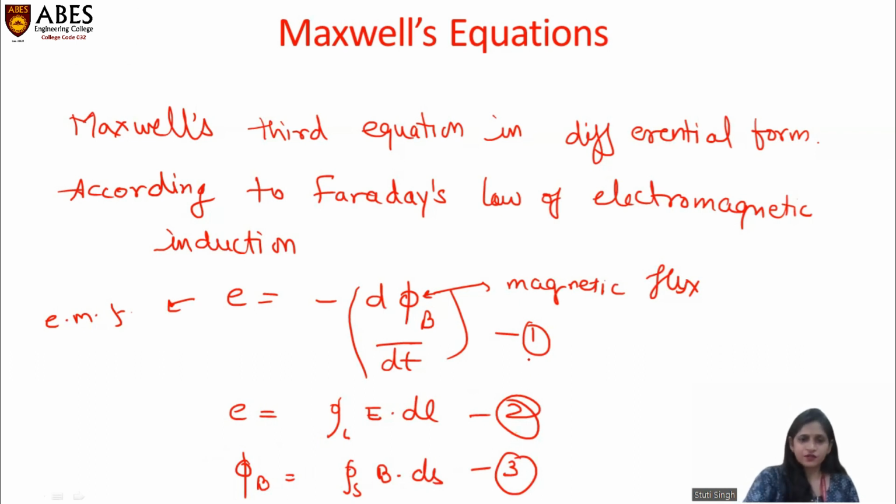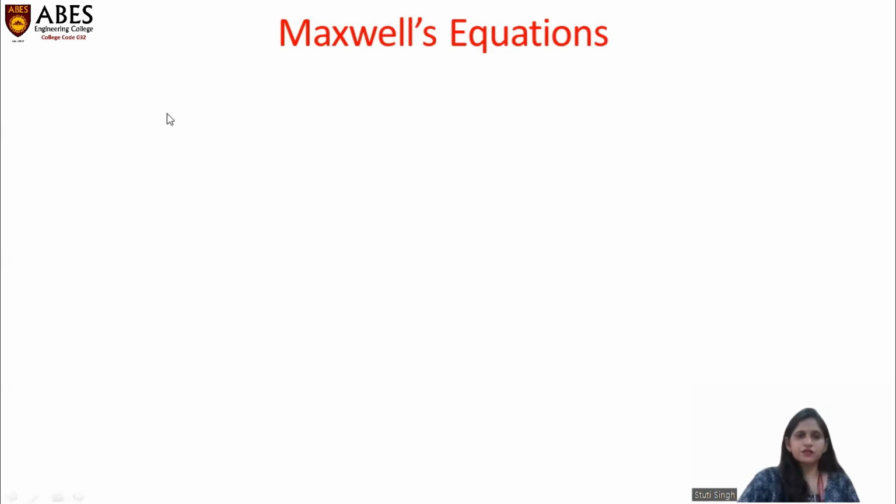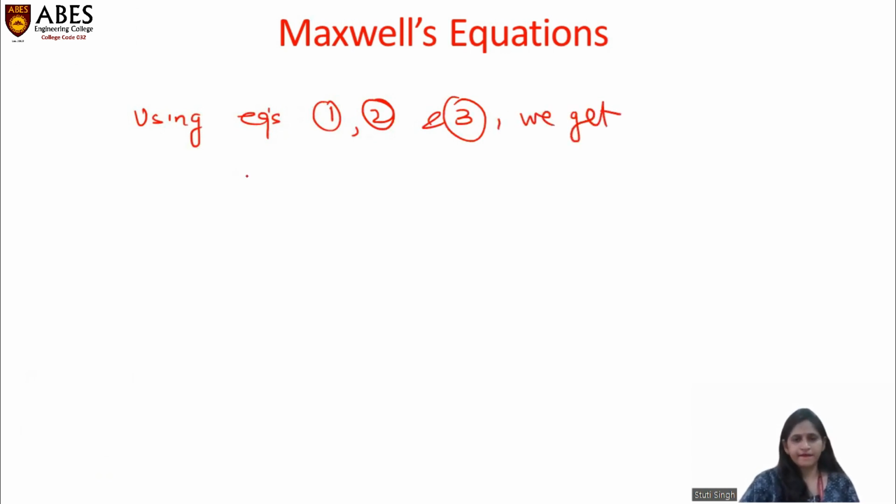So let us substitute the values. What do we get? Using equations 1, 2, and 3, we get line integral E dot dl is equal to minus d by dt of surface integral B dot dS.